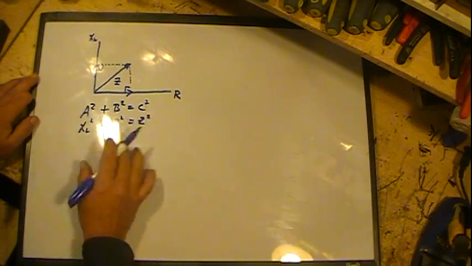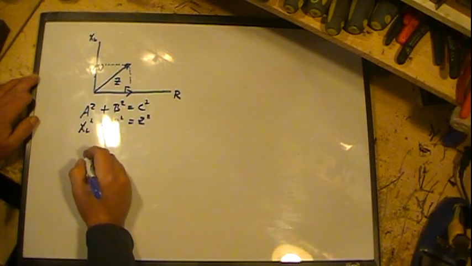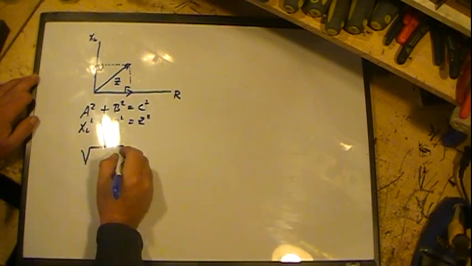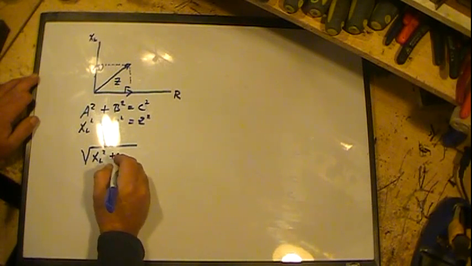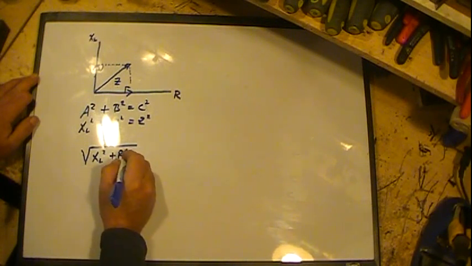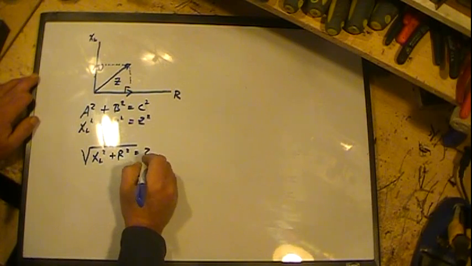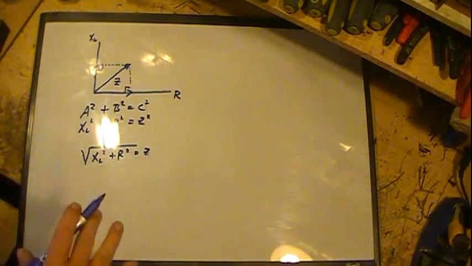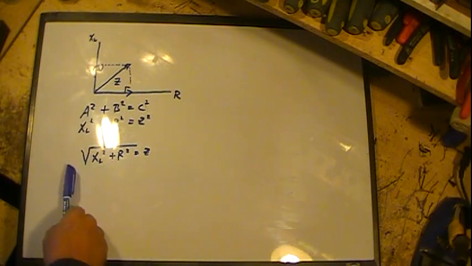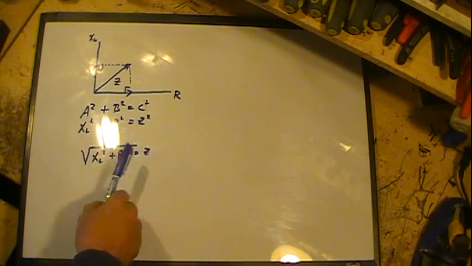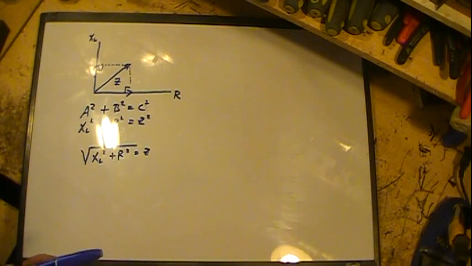Or, taking the square root of both sides, the square root of X sub L squared plus R squared equals Z. Everything's in ohms. When you plug numbers in here and do the math, you'll come out with impedance in ohms.